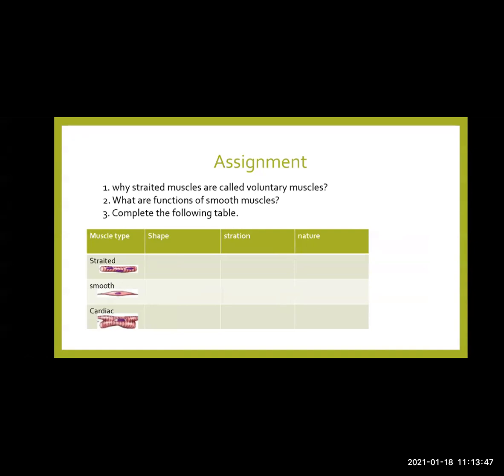Now let us discuss this table. First, the muscle type. First is striated muscle or the skeletal muscle. Shape, it is elongated, cylindrical, and multinucleated.